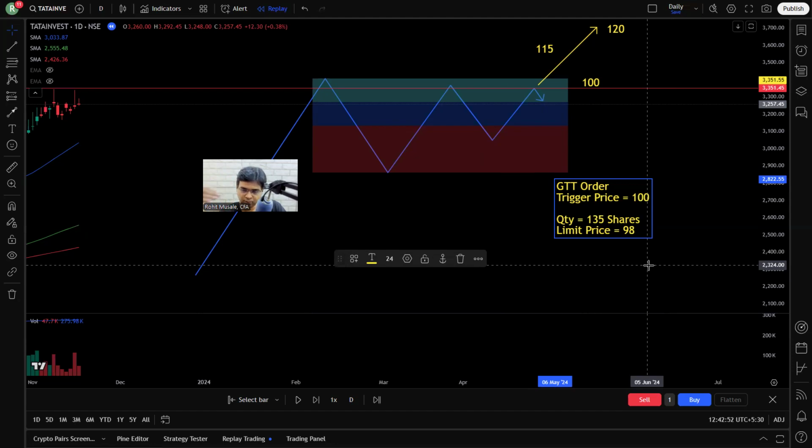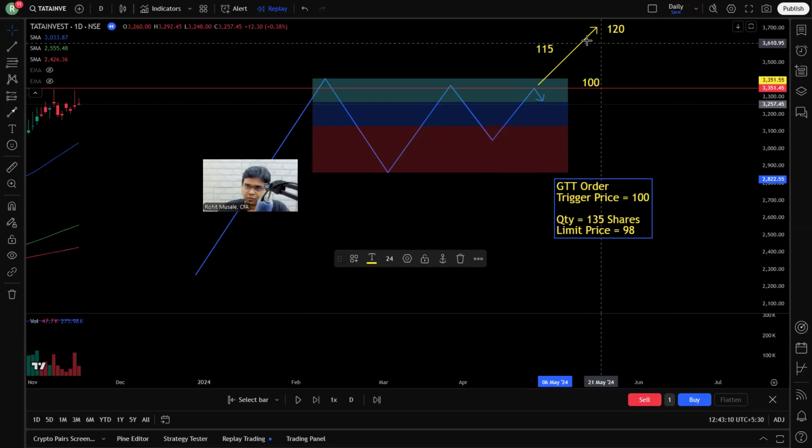So use the GTT sell order for two purposes. One is to get out at a specific price, and one is to get out after the stock has gone up. One is to protect your capital and the other to protect unrealized gain. You could choose to sell all shares, or do partial selling. Or you could do multiple GTT orders, like one sell order here at 115, maybe 200 shares.